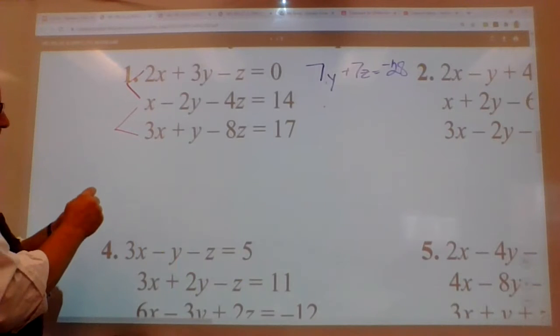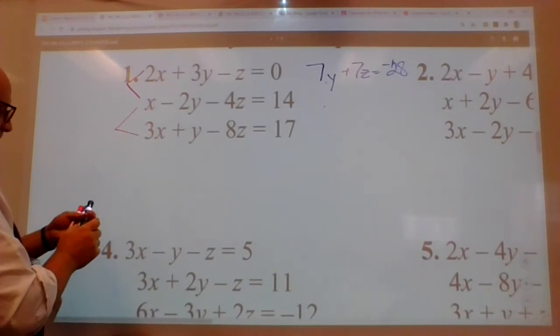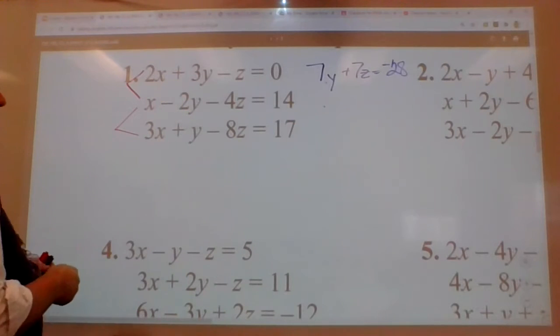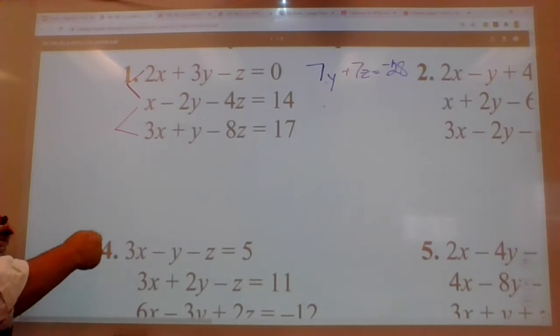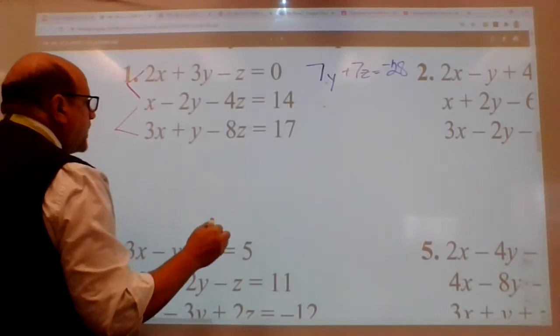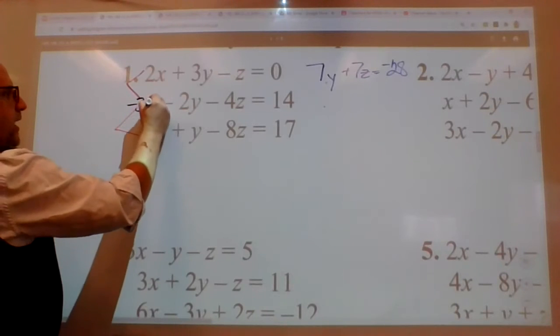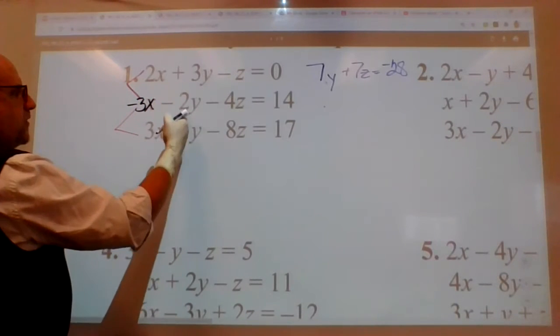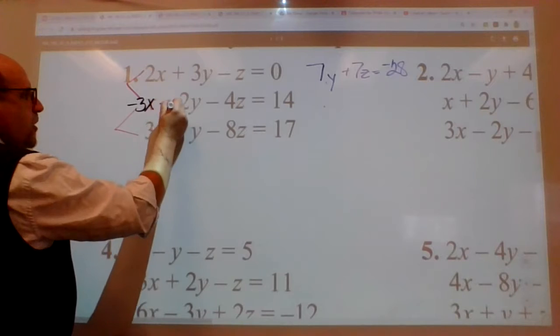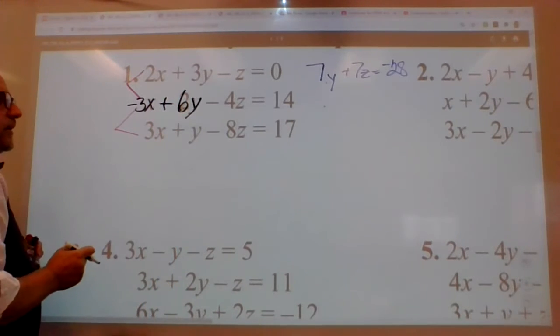All right. I have x and I have 3x. I want the opposite of that, right? So I'm going to multiply everything by negative 3 all the way across, each piece of this puzzle by negative 3. X times negative 3 is negative 3x. Negative 2 times negative 3 is positive 6y.